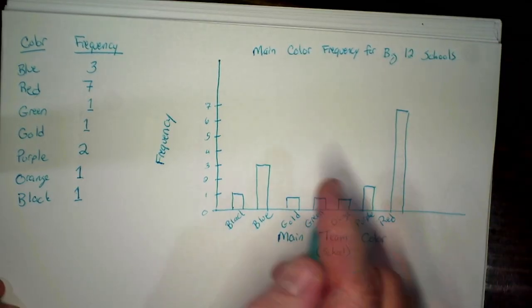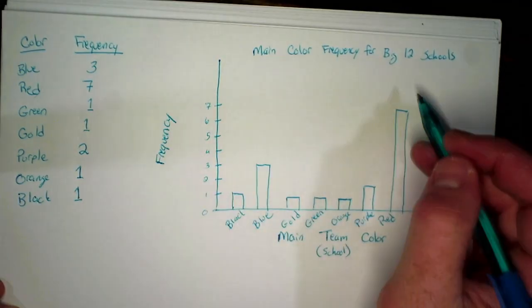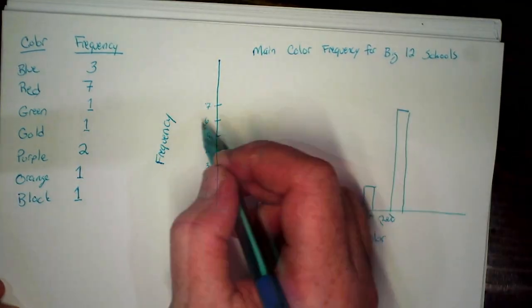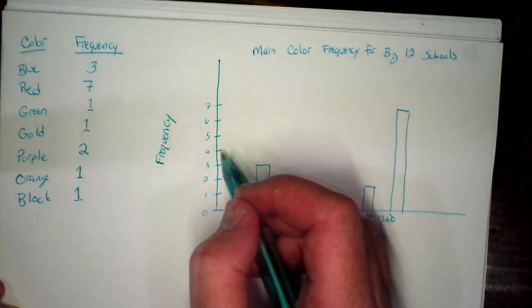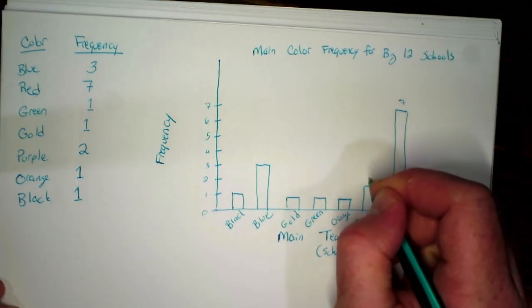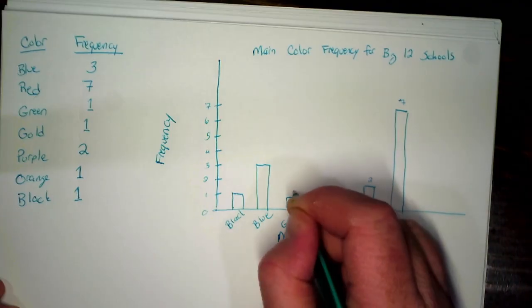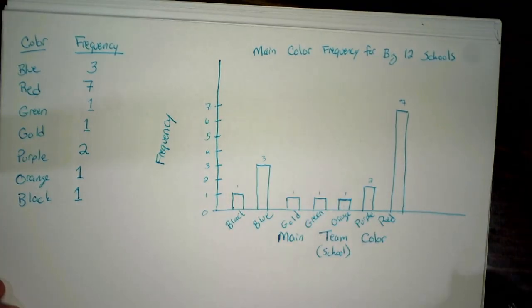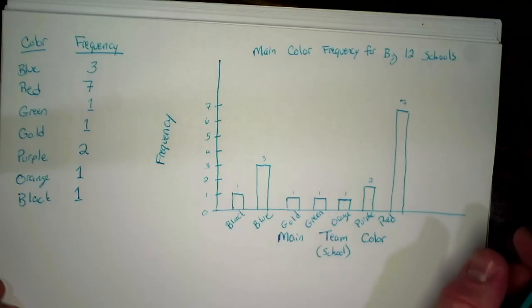All right, sometimes if you have something like this that's very far away from our scale over here, you might have vertical or horizontal lines that go across and help guide you. You may also put the numbers above each one, and that adds some clarity as well. But there is our bar graph.